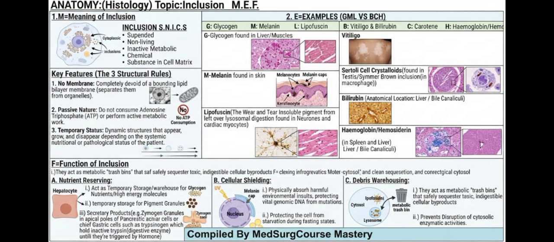M is for melanin. Melanin is found in the skin of black people. Is it not true? L is lipofuscin.